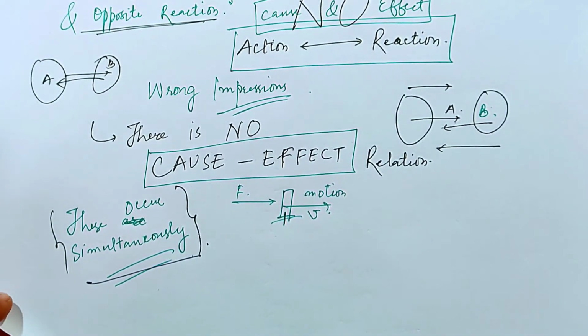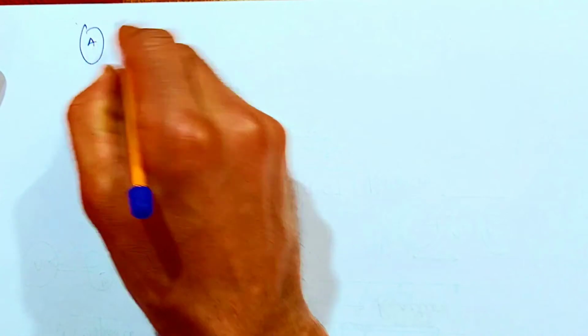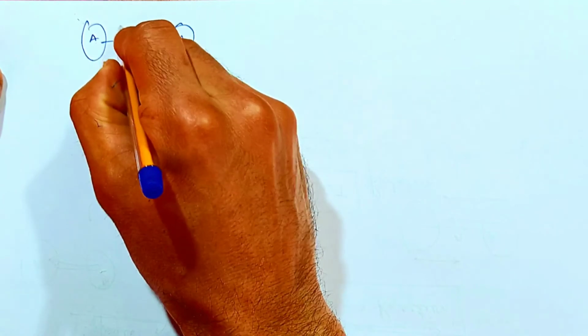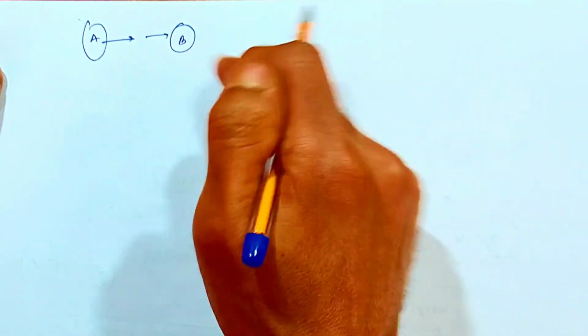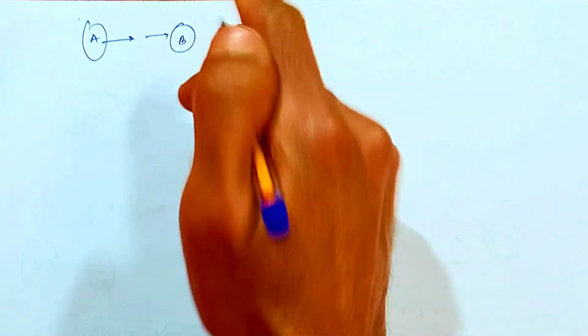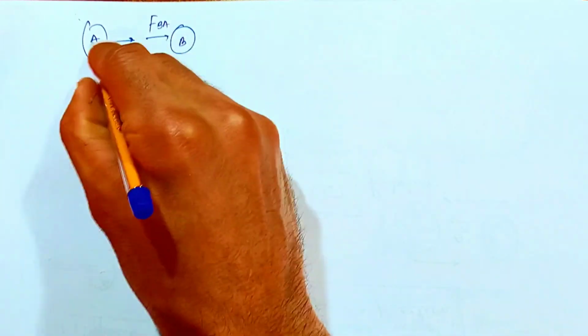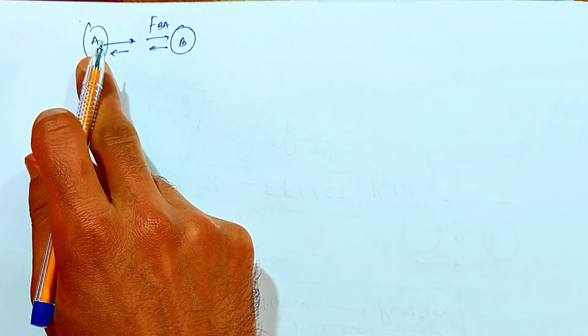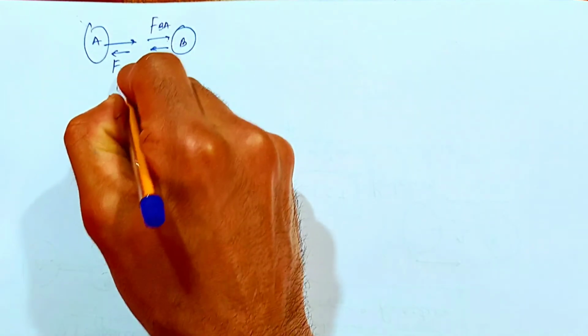This was one thing which is the wrong impression about the third law. The second thing is about the forces. According to the third law of motion, if there are two bodies A and B, and the force applied onto body B due to body A is FBA, and in turn the force applied onto body A by body B is FAB, these two are equal.